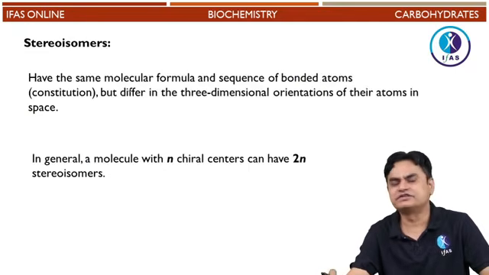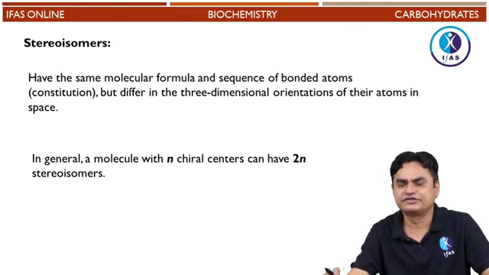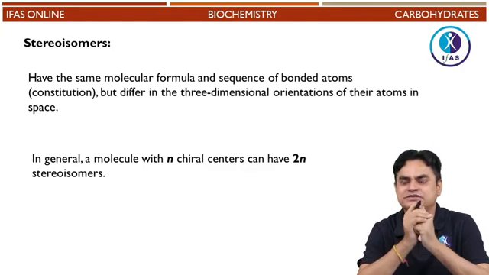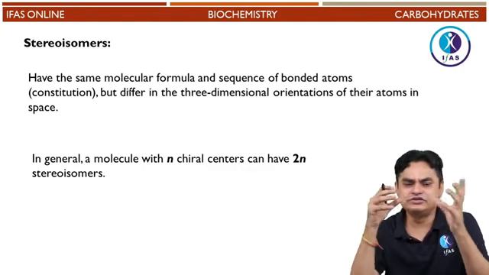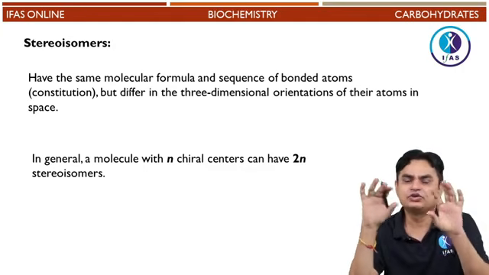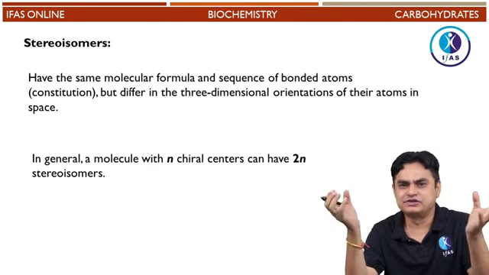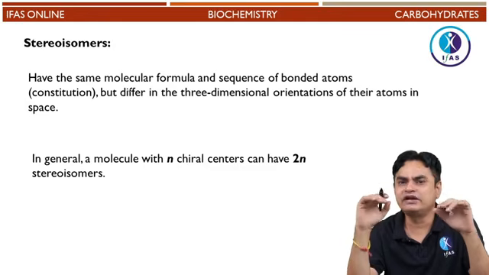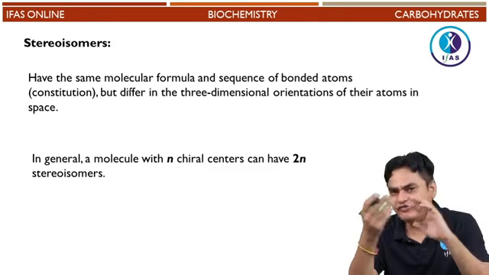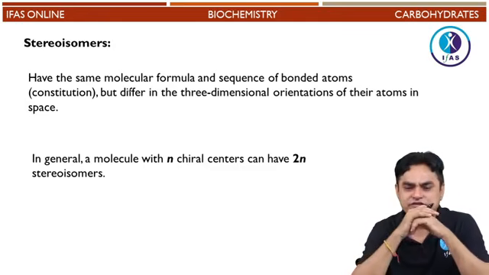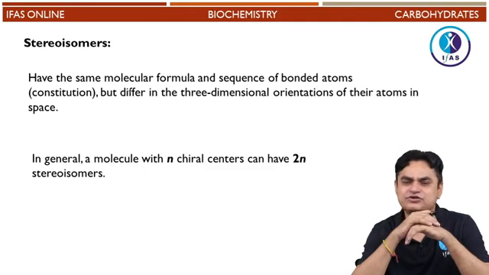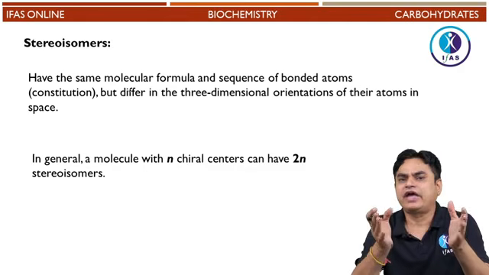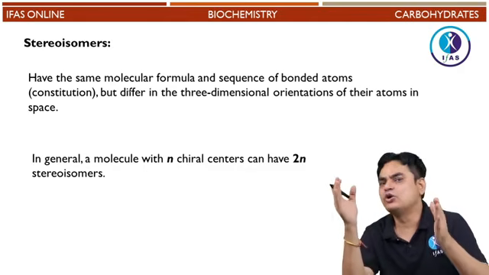Now, friends, coming to the point of what we mean by stereoisomers. Stereo itself means three-dimensional space. So isomers in which the functional group or orientation of functional group varies in three-dimensional space could be referred to as stereoisomers. So we can say that stereoisomers have the same molecular formula.